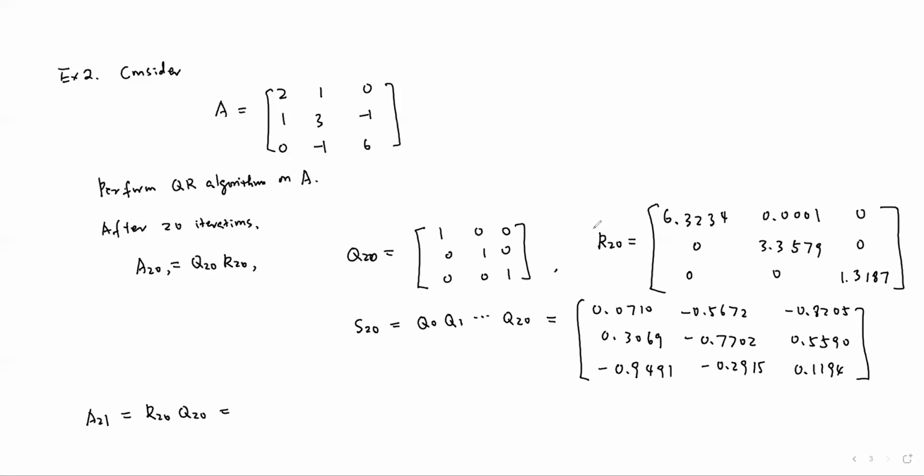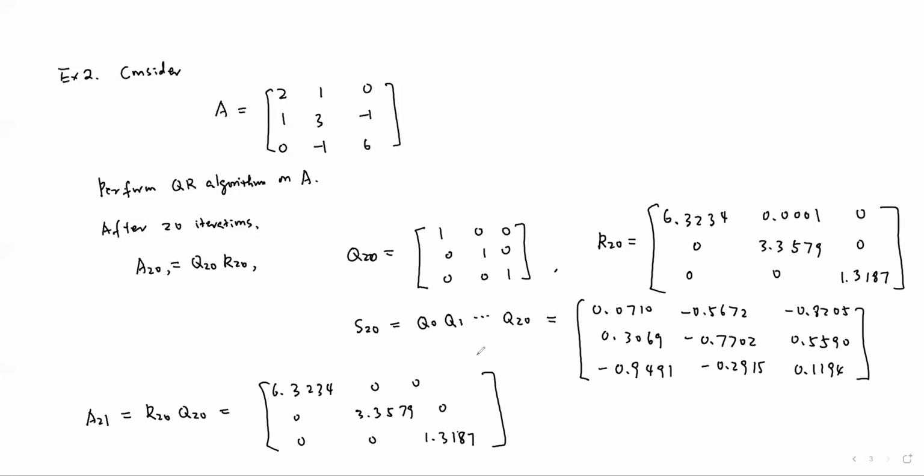R is almost diagonal, this matrix times Q20.